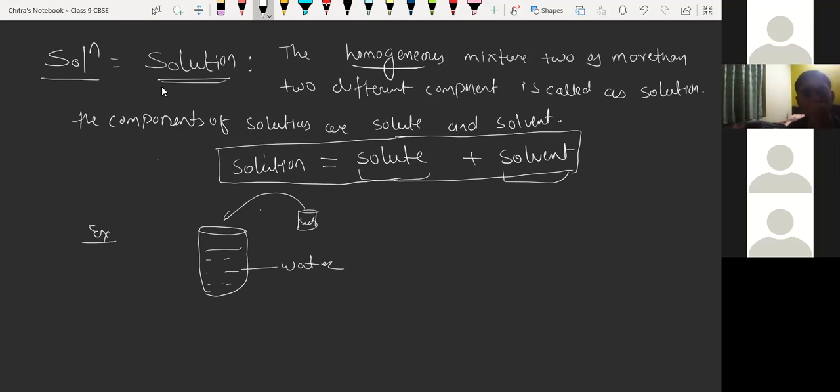That salt is going to dissolve completely, and particles of salt will distribute uniformly all over the solution. So water plus salt is going to form the salt solution.